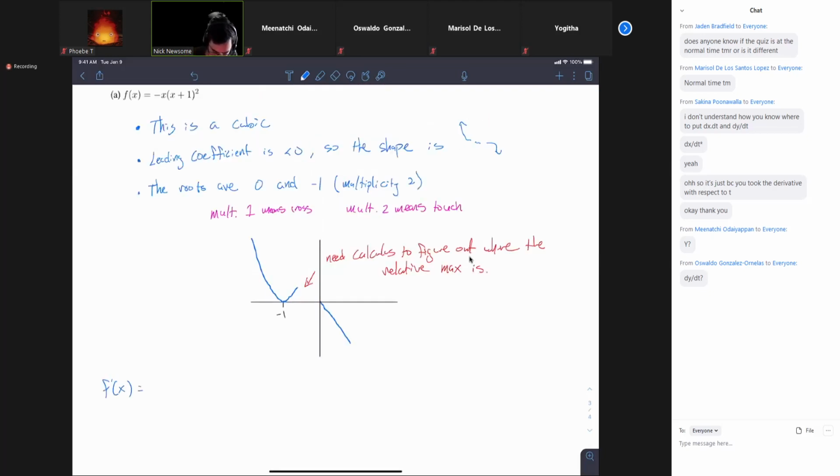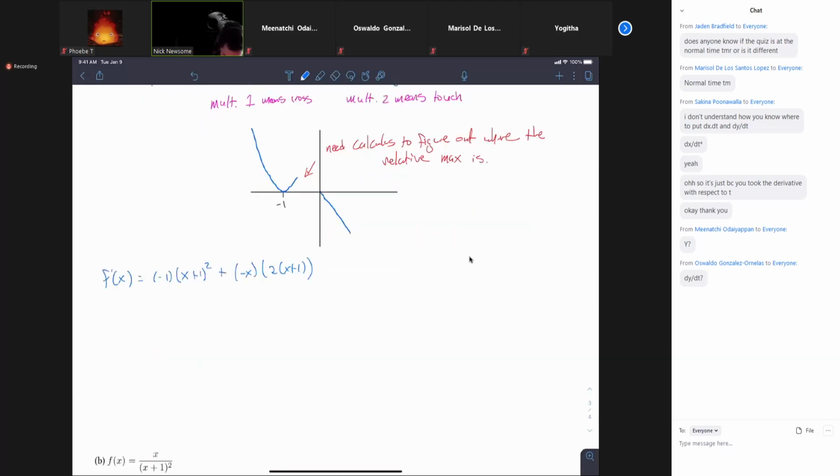So take the derivative, I'm going to get -1 multiplied by x plus 1 squared, and then a minus x multiplied by 2 times x plus 1. Okay. Product rule. All right, so what is this thing really? Well, it is what it is. I won't simplify it. I don't care.